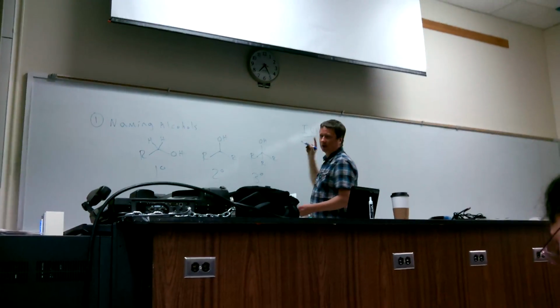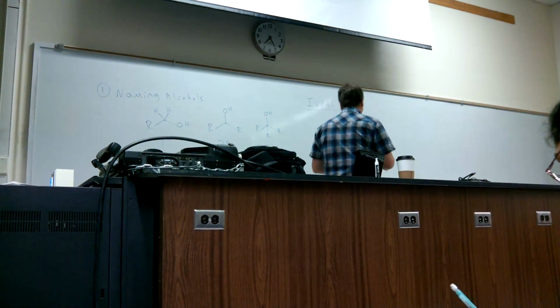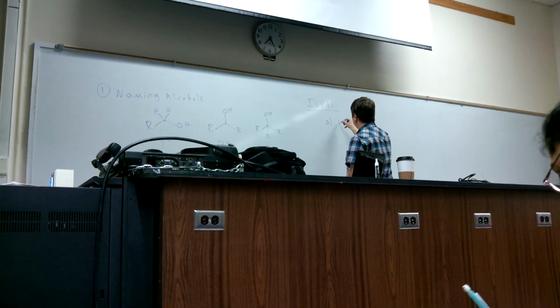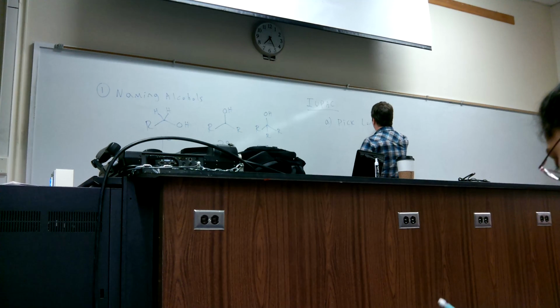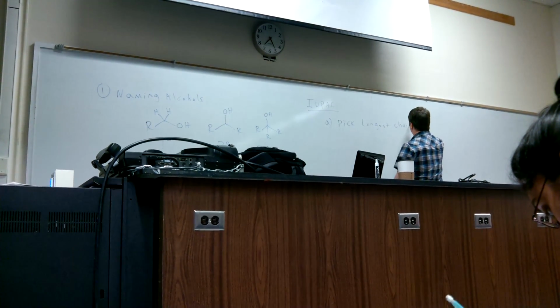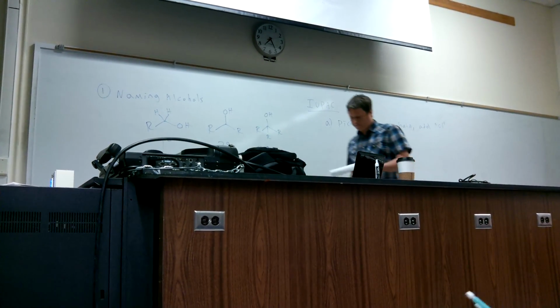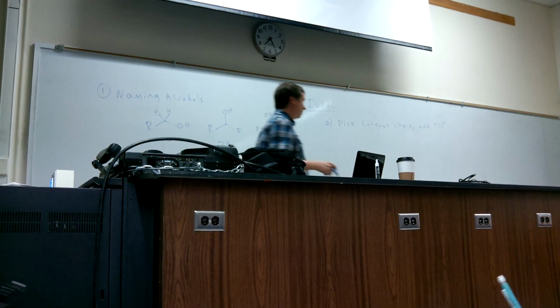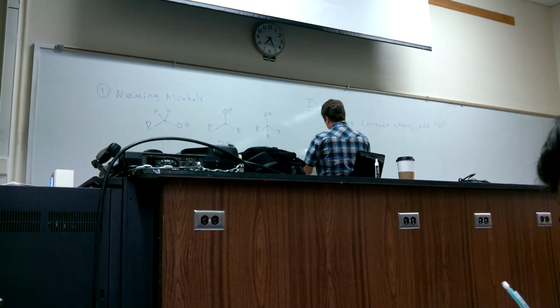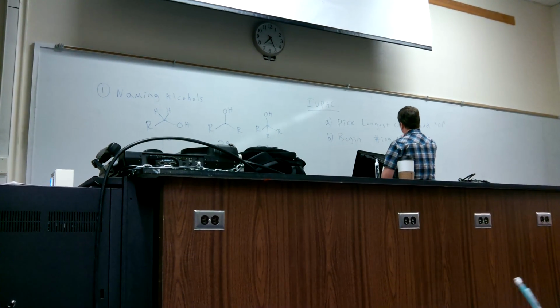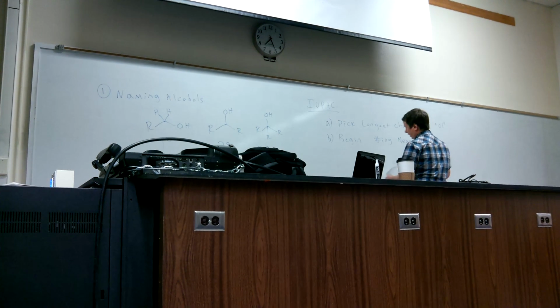Okay, IUPAC. The marker's slowly going out, but I'll change it in a second. IUPAC, you basically pick the longest chain and add -ol. So like hexanol or pentanol, etc. Begin numbering near the OH.